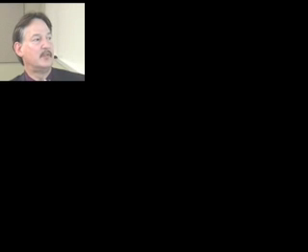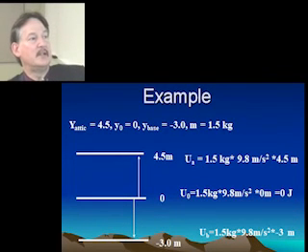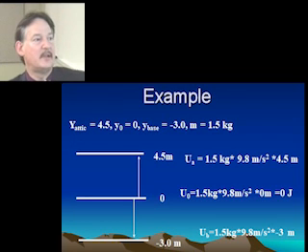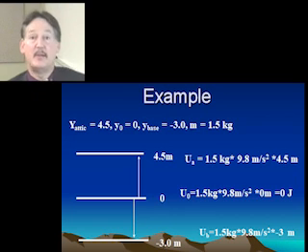So here we see an example. We have a floor, ground level, basement level at -3 meters below ground level, and then the second floor above ground level at 4.5 meters above that. So those are our reference lines. We're going to define the ground level as the place where the potential energy is 0. In other words, mgy equals 0 at this point.